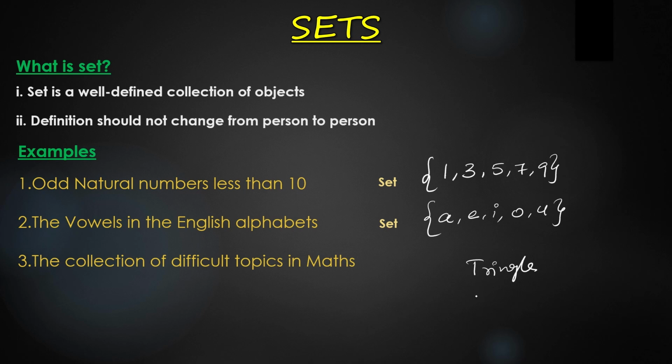For someone, algebra would be a difficult topic. So it is varying from person to person. So that's why it is not a set. Okay, did you understand what is a set? A set is a well-defined collection of objects and the definition should not change from person to person.